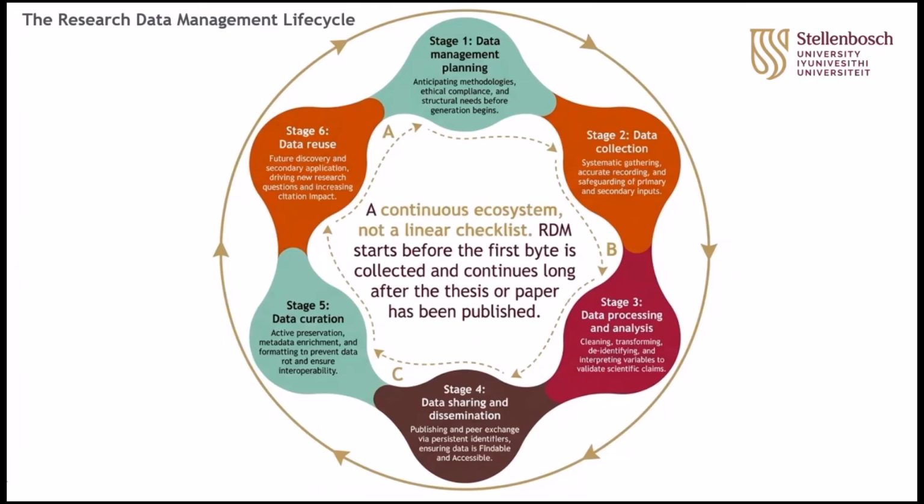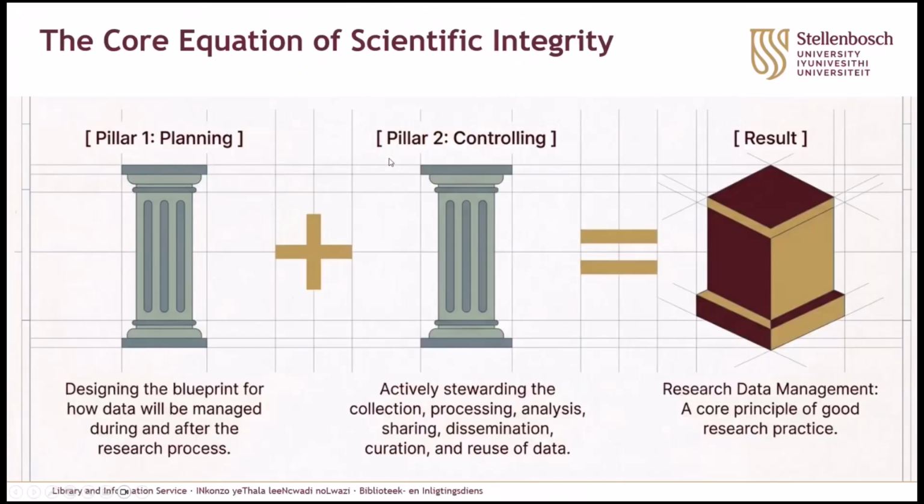That future discovery and secondary application will drive new research questions and increase your research's impact. So as mentioned, the two core pillars being planning and controlling will ultimately lead to sound research data management, which is a core principle of good and ethical research practice.